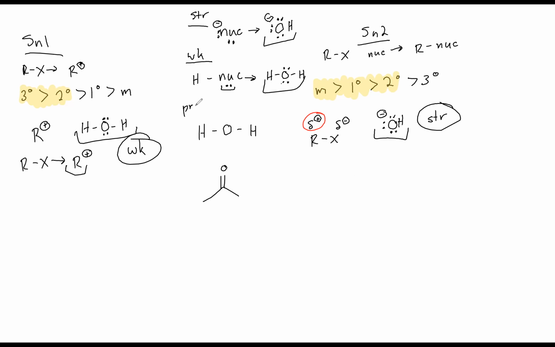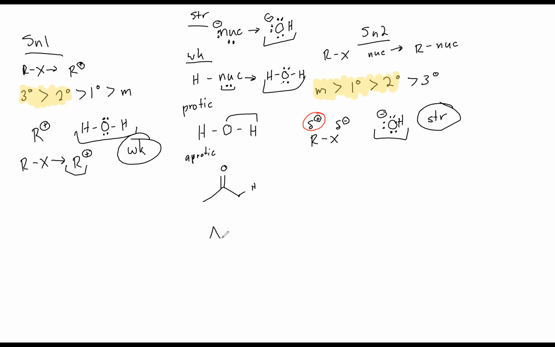A protic solvent has hydrogen bonding. For example, water is a protic solvent because OH is a hydrogen bond. An aprotic solvent doesn't have any hydrogen bonding. For example, acetone, which is what we have here, is aprotic because while it does have carbon-hydrogen bonds, these are not hydrogen bonding bonds.